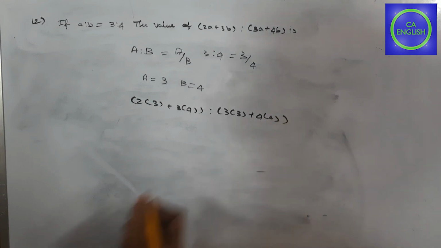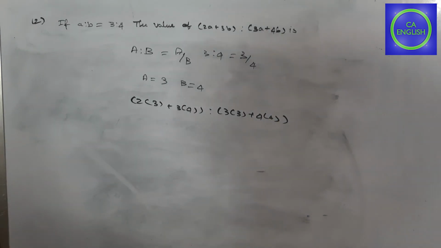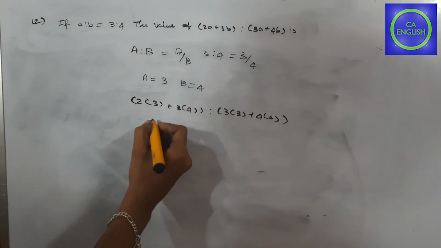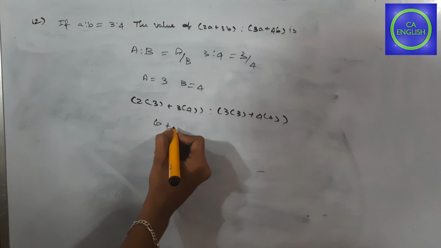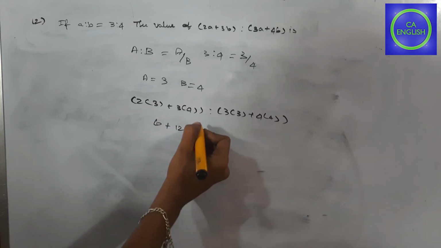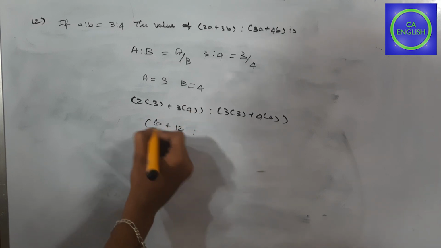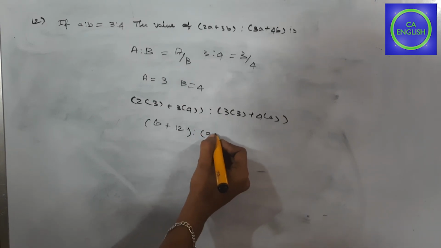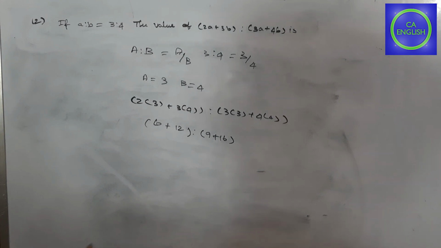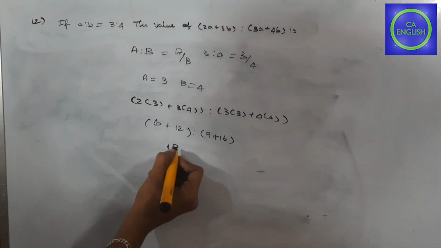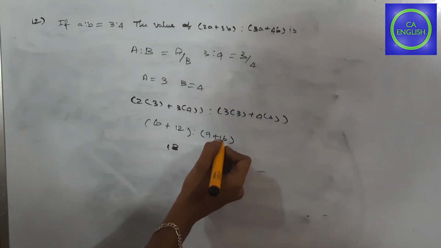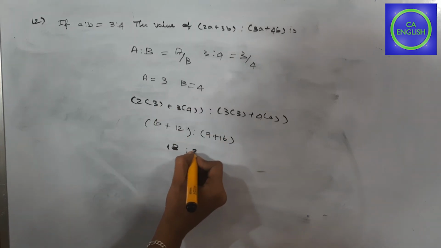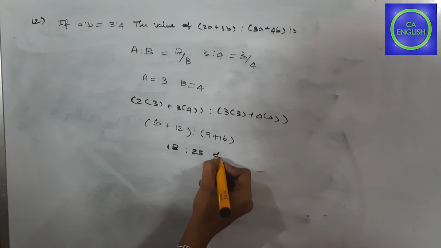Then multiply and add both. 3 into 2 is 6, 4 into 3 is 12, 12 plus 6 is 18. 3 into 3 is 9, plus 4 into 4 is 16, 16 plus 9 is 25. 18 is to 25 is the answer, option D.